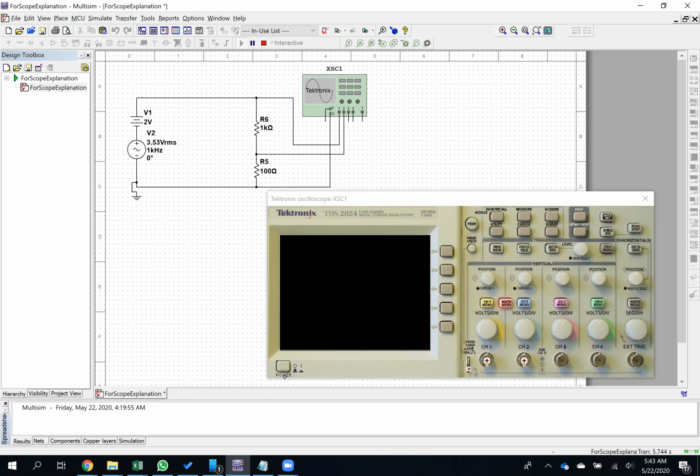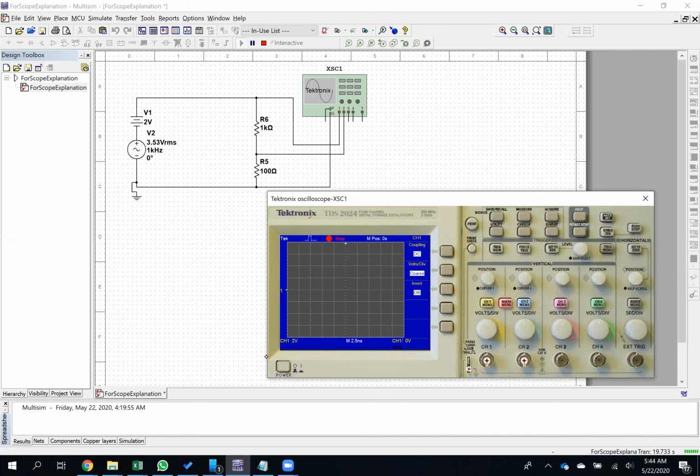And the nifty thing about this scope interface is that now we are going to push buttons and turn knobs as if we had the real scope in front of us. And this is a picture of the real scope, so perfect. So I'm going to turn on the power button, and there is my scope screen.